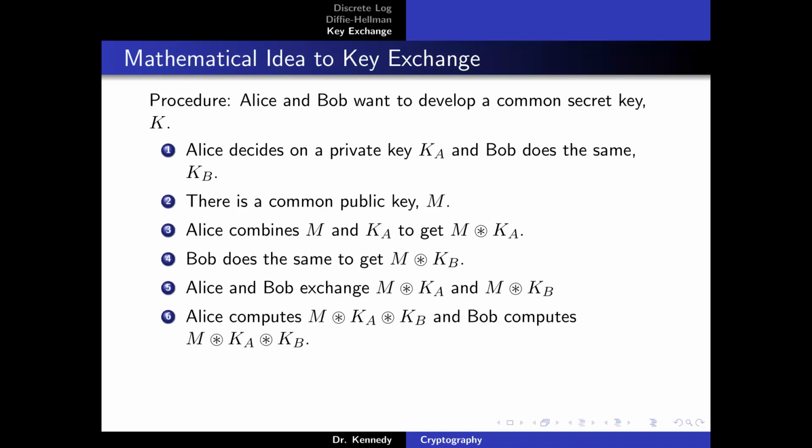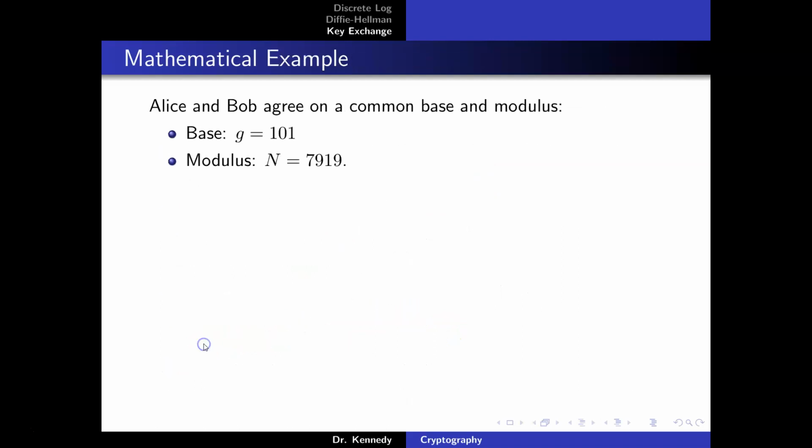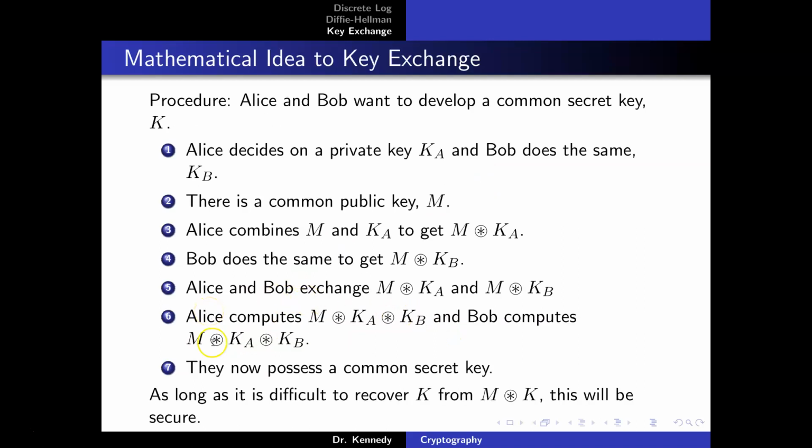Bob takes what he received from Alice and he throws his private key onto it. At the end of the day, they have the same number. That's their common secret key. But as I mentioned, it has to be difficult to recover K from knowing whatever M star K turns out to be.